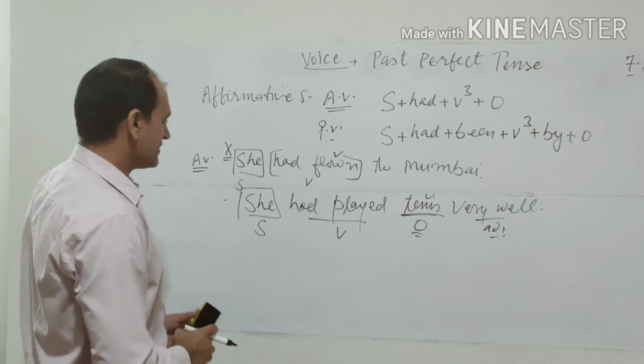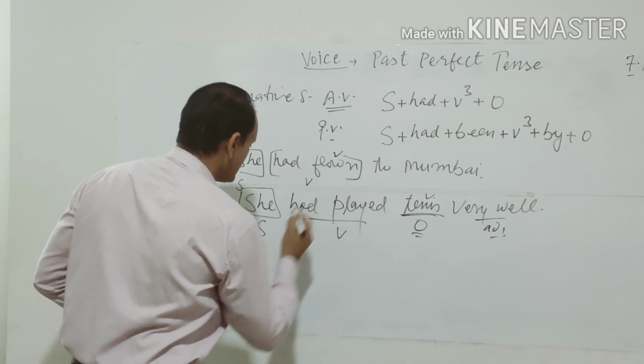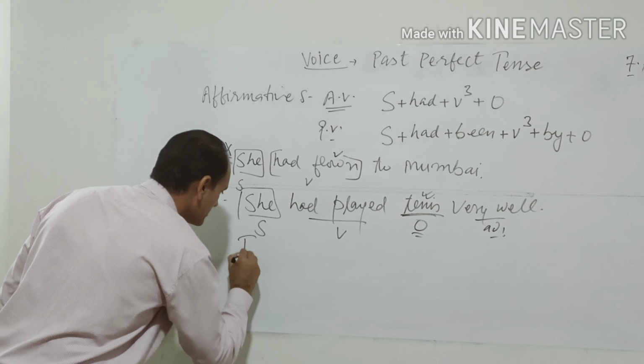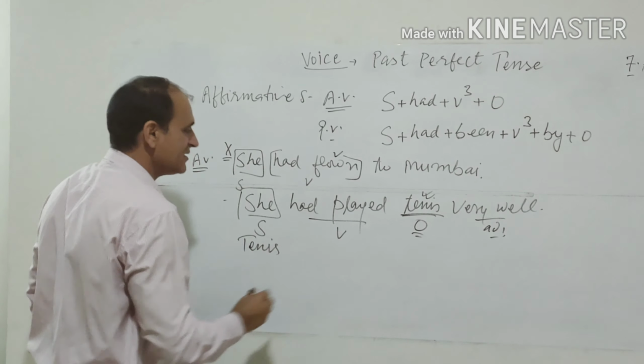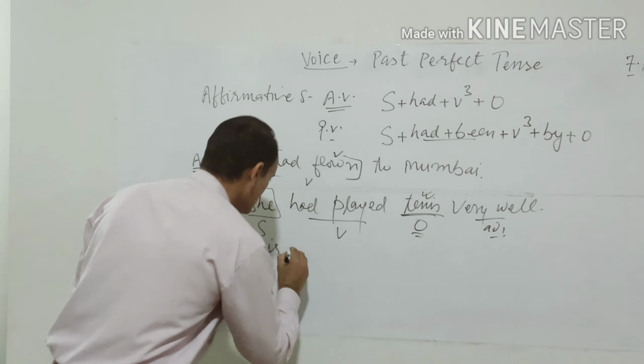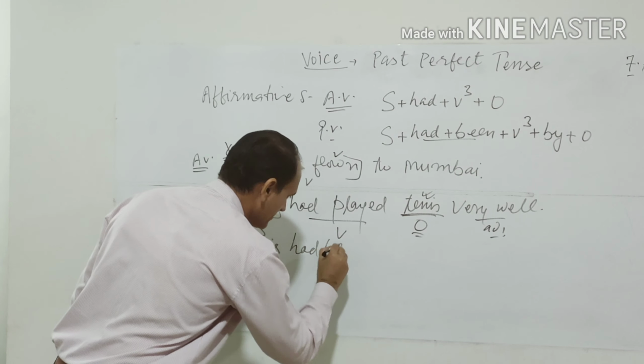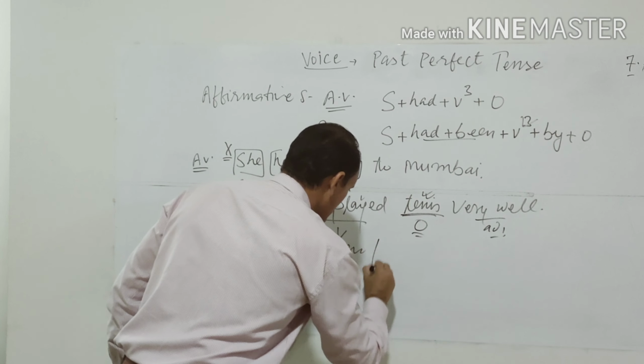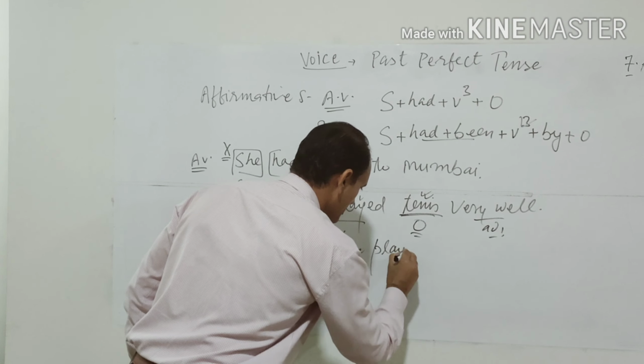So now we'll be changing this one into passive voice, and the passive structure is subject. So we'll change tennis from object to subject. Tennis, and had been, V3. So play is the verb and played is the third form.